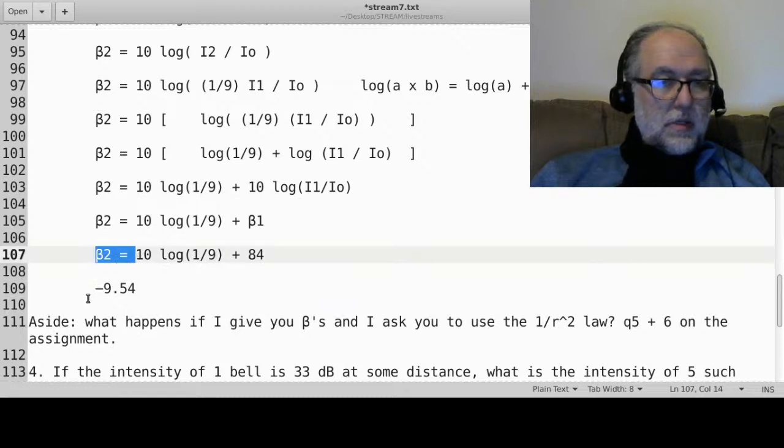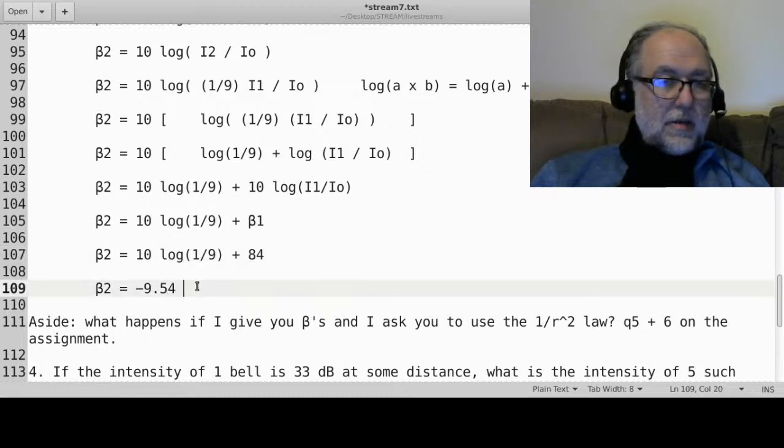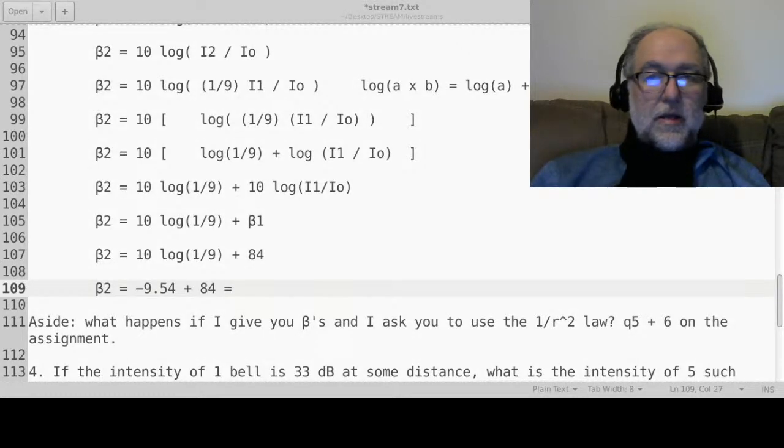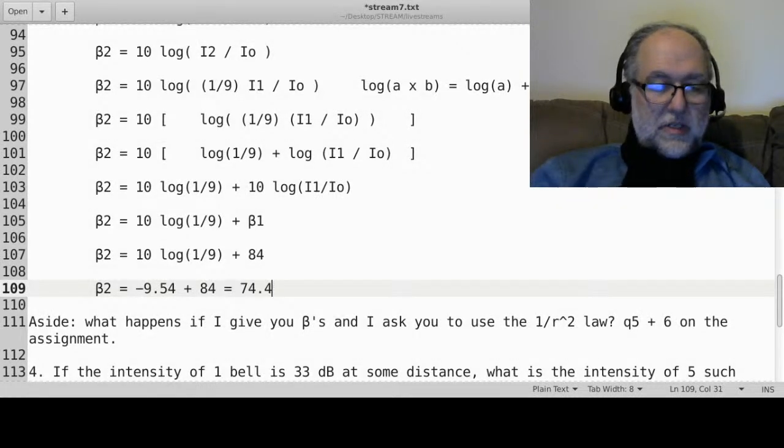So beta 2 is equal to that plus 84. And guess what that's equal to? Just to verify it, 74.45, which rounds off to 74.5 decibels.